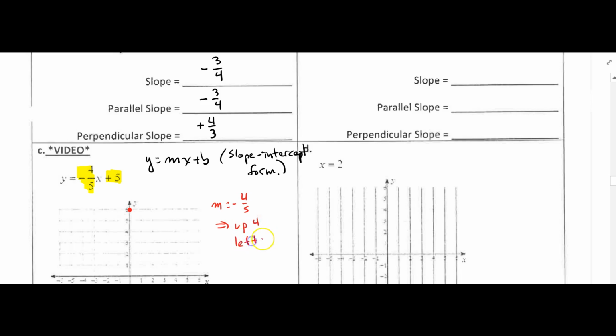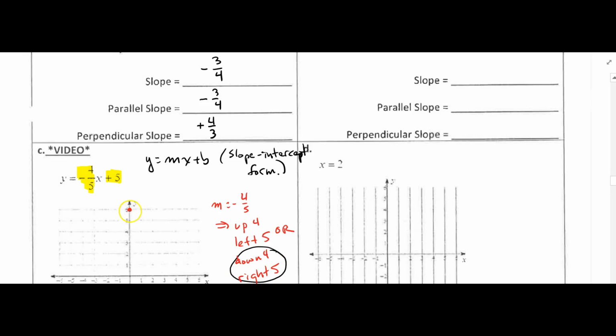left 5, or I can go down 4 and right 5. Or I could do both to find a couple of points. But since I'm already at the top of my graph, I'm going to go down 4 and right 5 to find a couple more points.